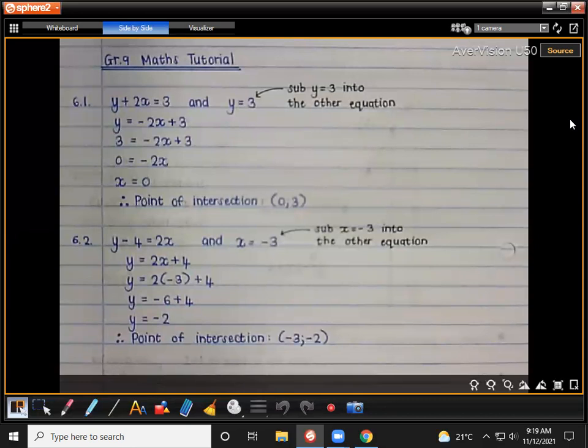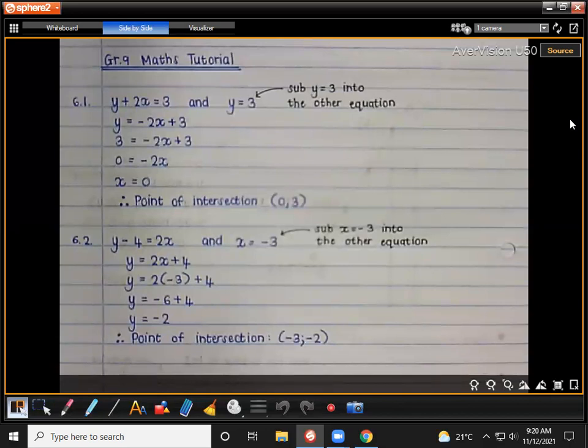For the next one, like I said, we just move that -4 over to come to +4, and now we're going to have the x value of the point of intersection. So we're going to substitute the x value into this equation in the place of x. And where we had an x, we now replace that with -3. So we have 2 times -3 is -6, and then -6 plus 4 is -2.